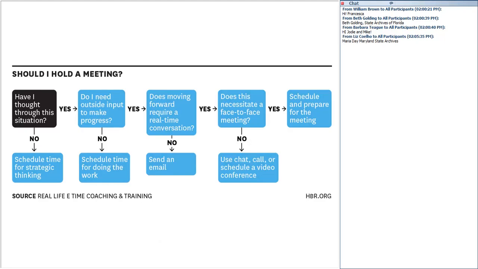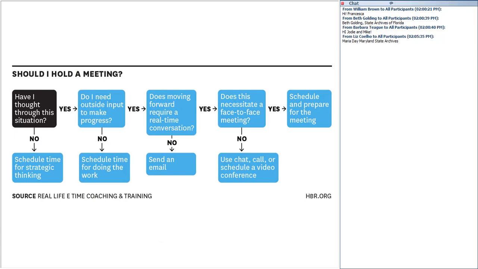Other useful workflow questions here are in this piece from the Harvard Business Review that asks us whether or not we should really have a meeting. And I suggest that you really spend some time going back and reviewing this, because often a meeting is not the right answer.